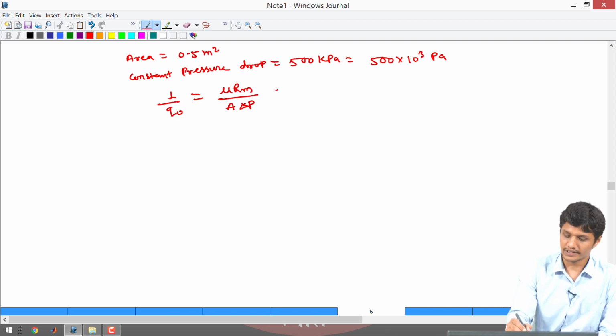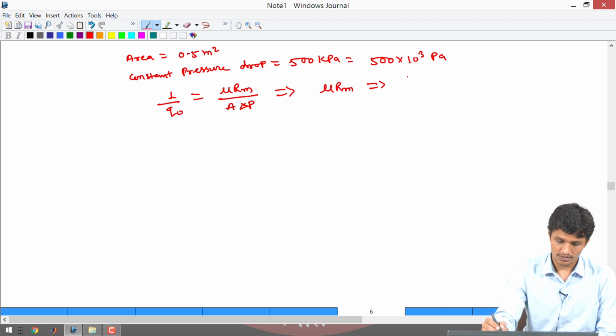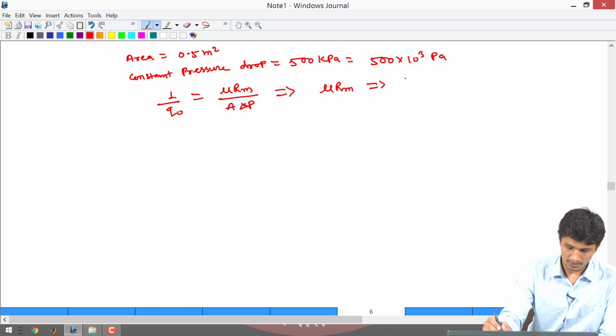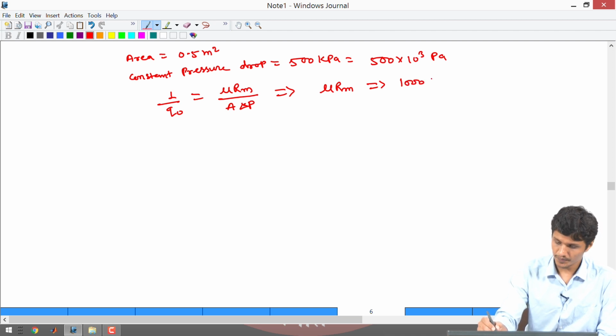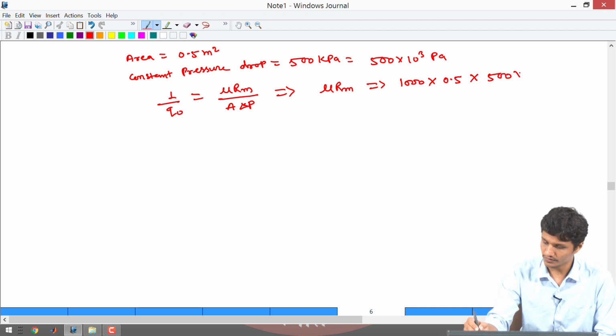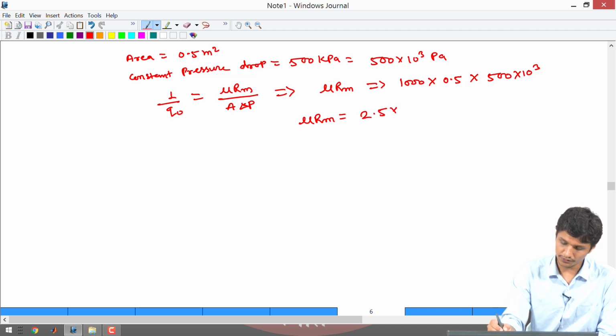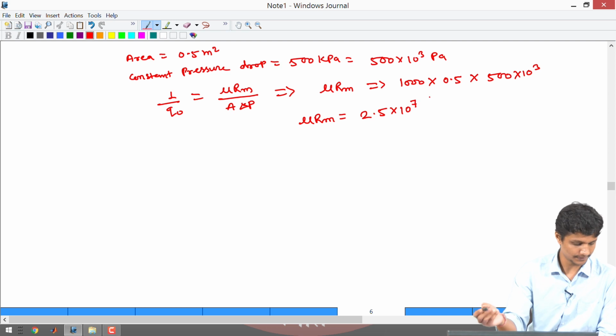From this equation I am going to calculate mu rm equal to 1 by q naught, which was 1000, into area 0.5 meter square into pressure of 500 into 10 power 3. So you will get mu rm equal to 2.5 into 10 power 7.